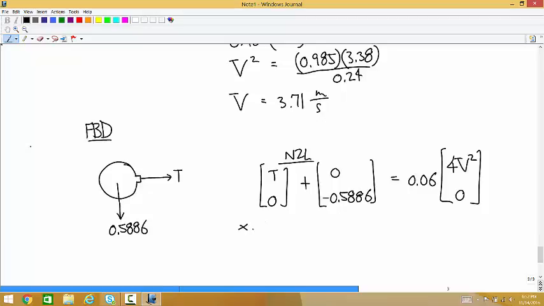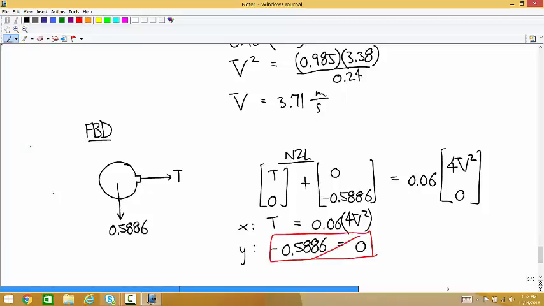That gives you an x equation that's reasonable. It says T is equal to 0.06 times 4v squared. That's the same thing we had before, no problem there. But then the y equation tells you something impossible. Negative 0.5886 is equal to 0. And that can't be.